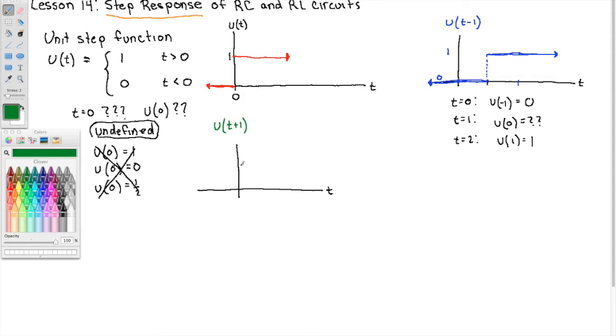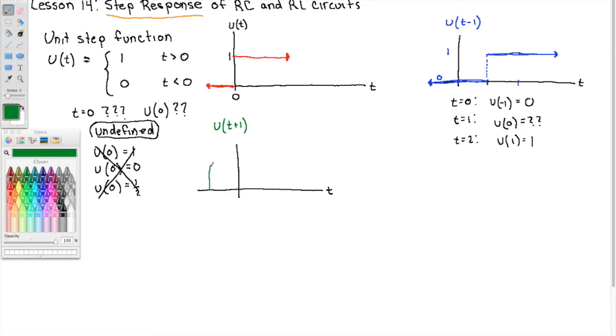And pause the video. But what happens is that this is essentially this thing, except the delay, if you want to call it that, is not 1, it's minus 1. So the shift is to the left by 1 unit.